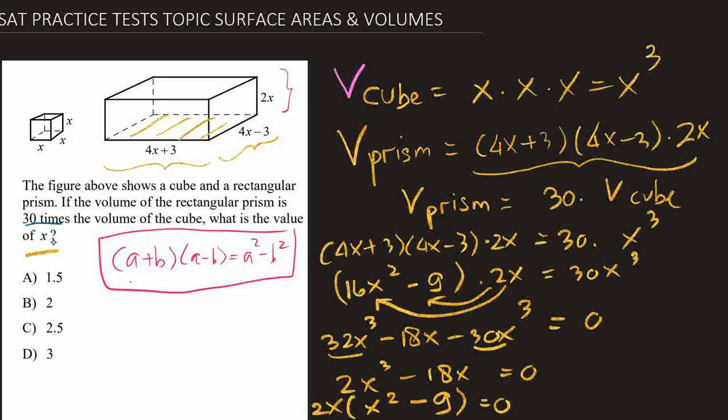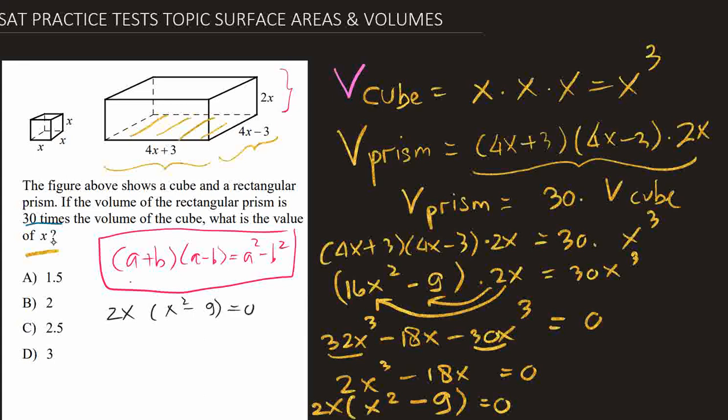Now we have, if we continue this, I copy this equation to here: 2x times x squared minus 9 equals 0.